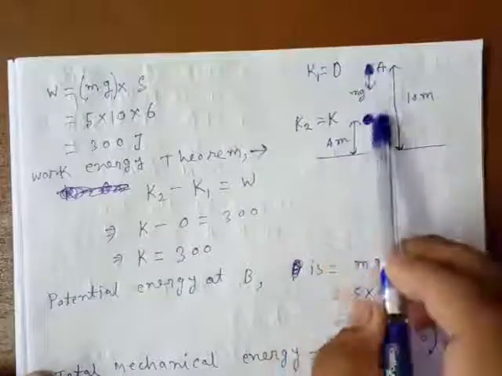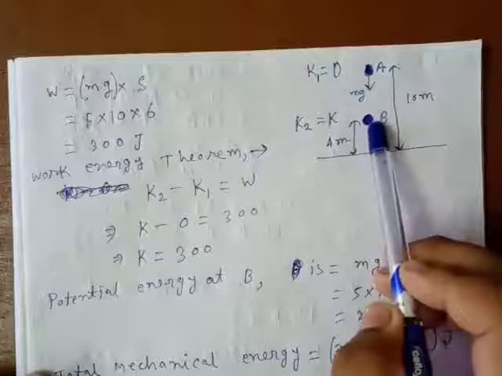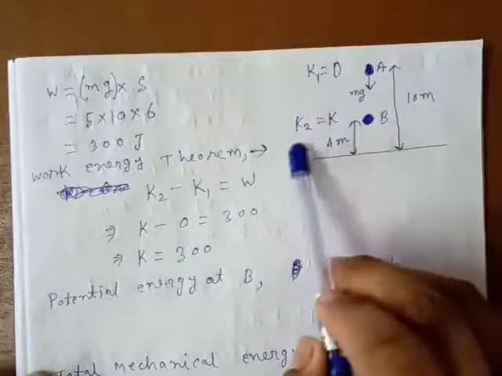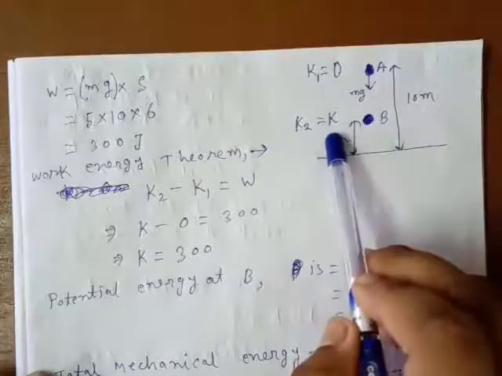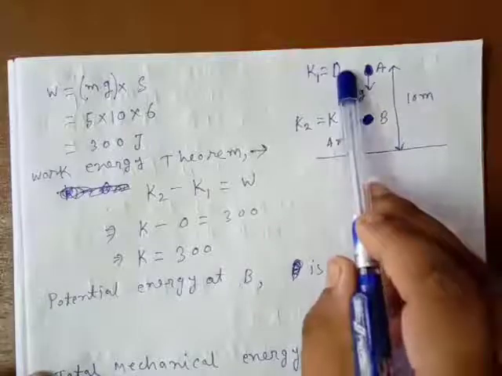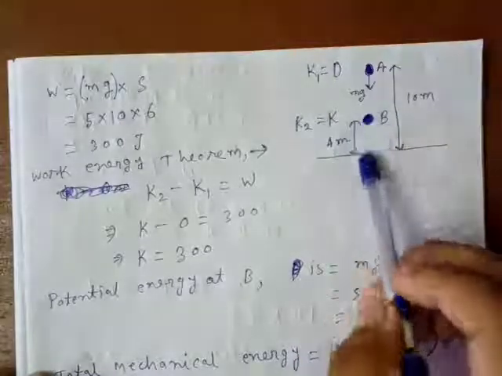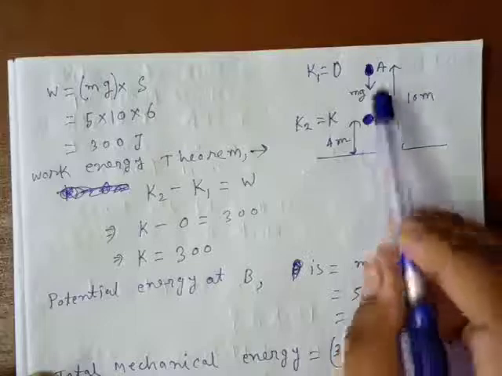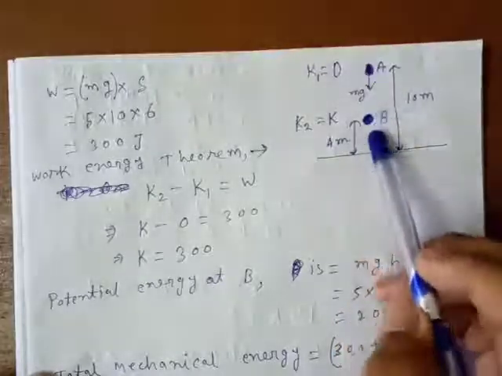But when it moves from point A to point B, the kinetic energy is obviously greater than 0, and the body is at a height of 4 meter. So potential energy also changes.